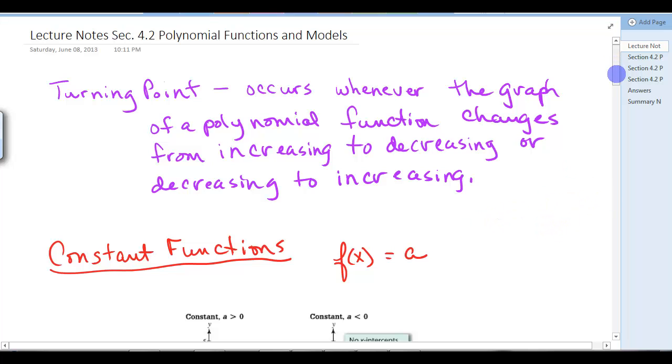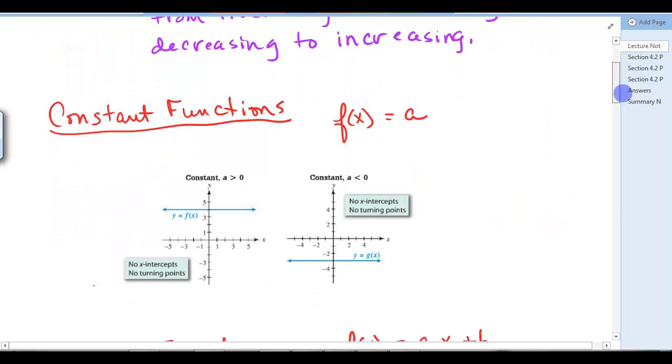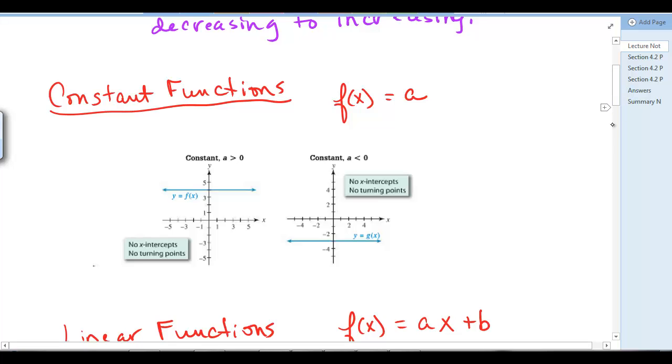And we are going to look at a few different kinds of functions, so we're just going to go over that right now. A constant function looks like this: f of x equals a, or f of x equals a number. And if the number is greater than 0, it's going to be above the x-axis as a horizontal line. No x-intercepts. And if it's less than 0, it'll be down below.